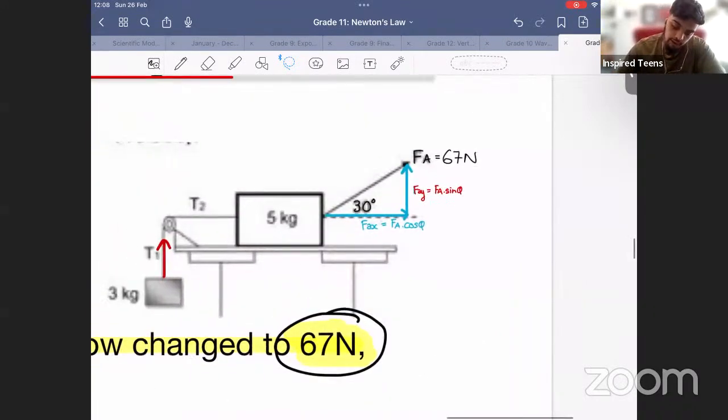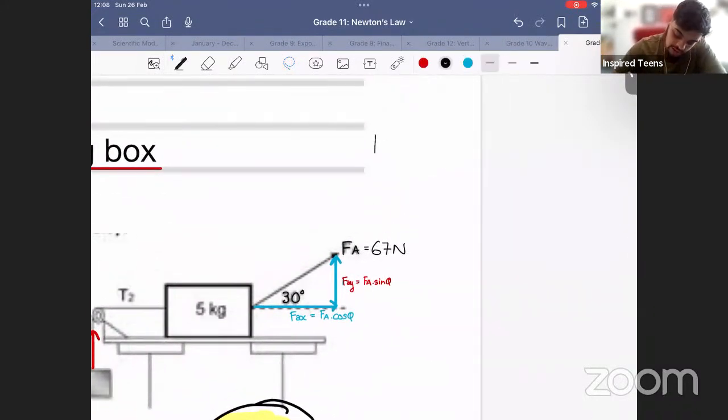Remember, friction is FF. Sometimes they ask these theoretical questions, and you can relate them to your formulas. Friction is equal to mu K times Fn. Does mu K change?